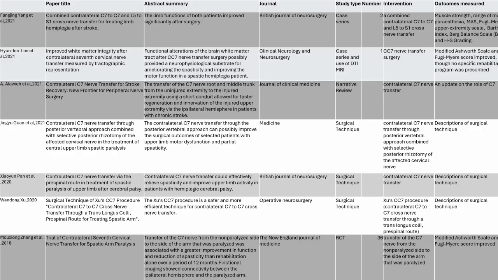The landmark paper is obviously the randomized controlled trial of 36 patients, which I've mentioned earlier. So it is worth your while to look at this table, if you are interested, to see what is the evidence for contralateral C7. Obviously, this shows there's a tremendous scope for further research with further observational studies on the role of contralateral C7.